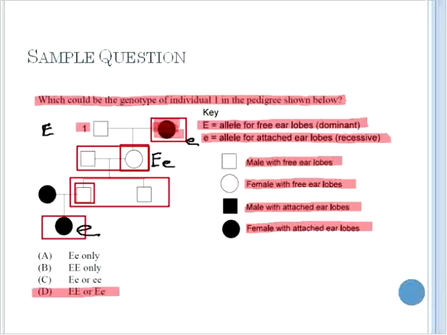This individual must have been heterozygous. Child 1 could have been big E, or big E, little e. That recessive allele could have come down from mom. The big E would have come from dad. If dad was heterozygous, he still could have passed on the big E. So the answer is choice D.